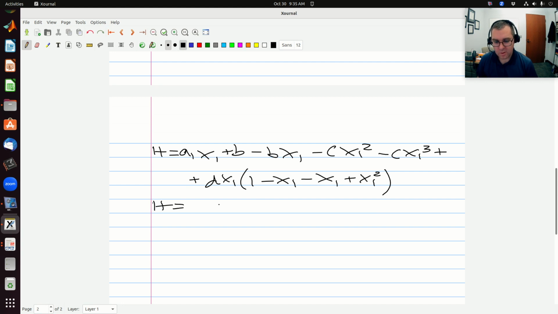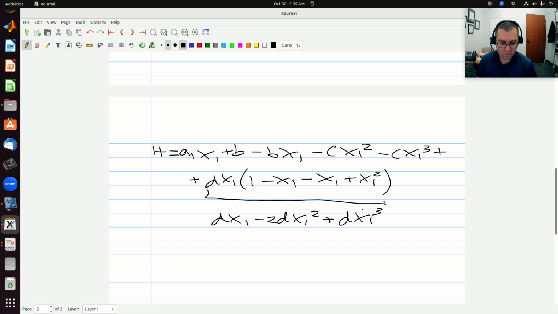Okay, let me just play with this term and then we'll plug it all together so I'm not just rewriting everything. So this term then is d x1, minus 2d x1 squared, and then plus d x1 cubed.